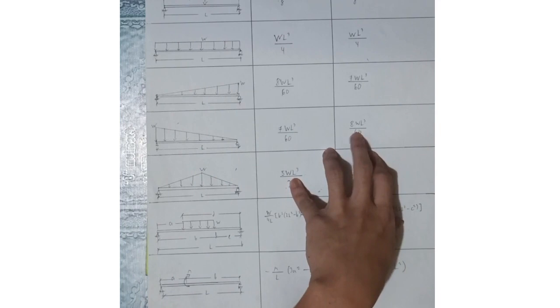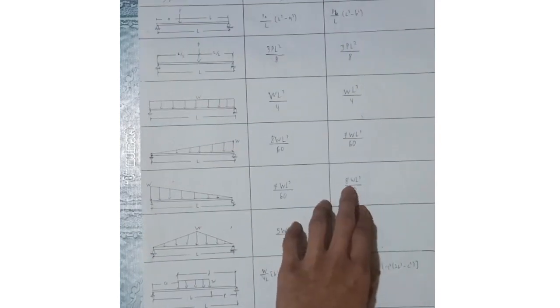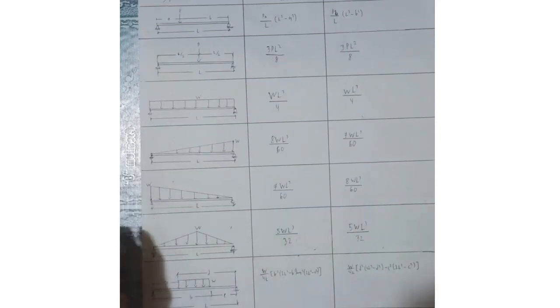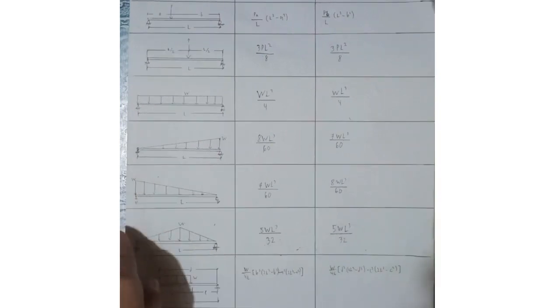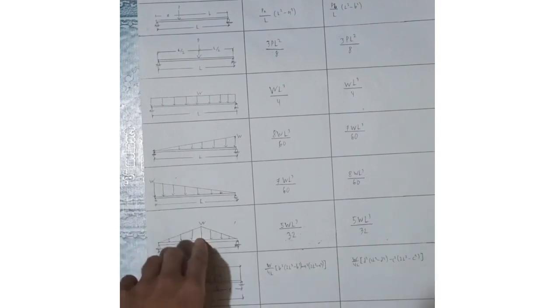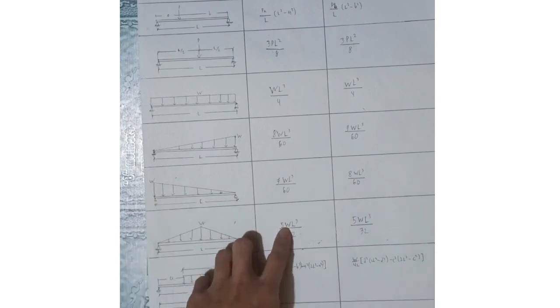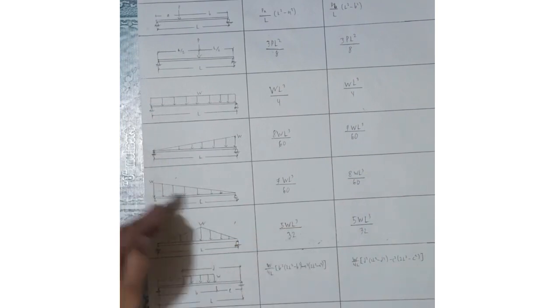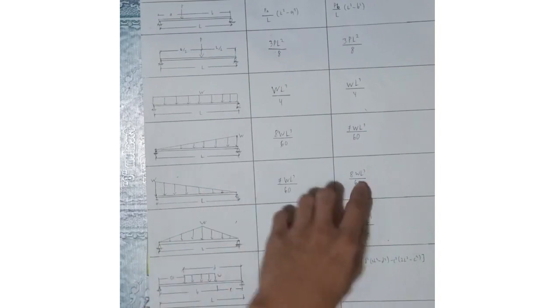Then for the isosceles triangle, they are equal: 5WL cubed over 32 on the A side, then 5WL cubed over 32 on B.